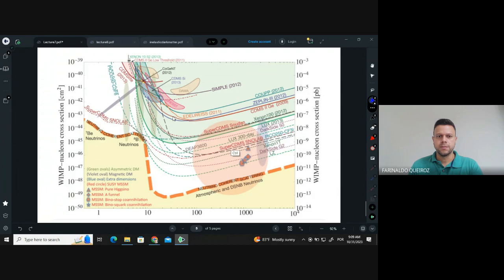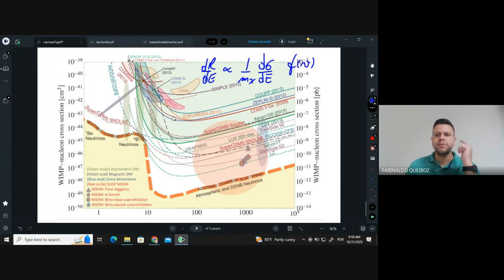Hold on. So, as you know, the rate dR/dE is proportional to the scattering rate, and also goes as 1 over the dark matter mass. And also you have some form factors and the velocity distribution of v.